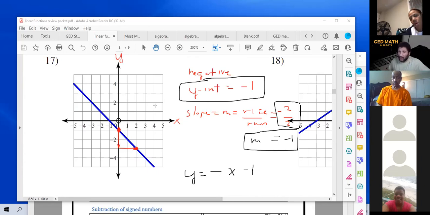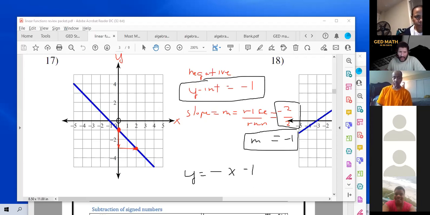I understand, but what I'm trying to say is, supposing the -1 is +1, and I want to write my equation, do I have to say y equals -x plus 1? Let me make sure I get it right. Let me change the color to green and make it thick.